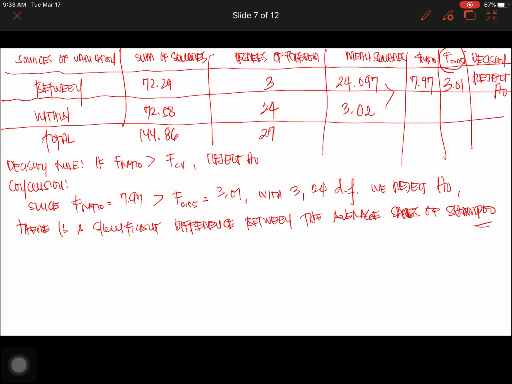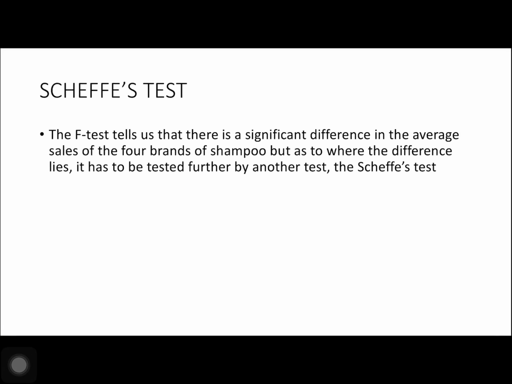Okay? So, we have concluded that there is a significant difference. But where does the difference lie? Okay? So, can it be in product A, or product B, or product C, or product D? So, let us compute for that by using the Scheffe's test.